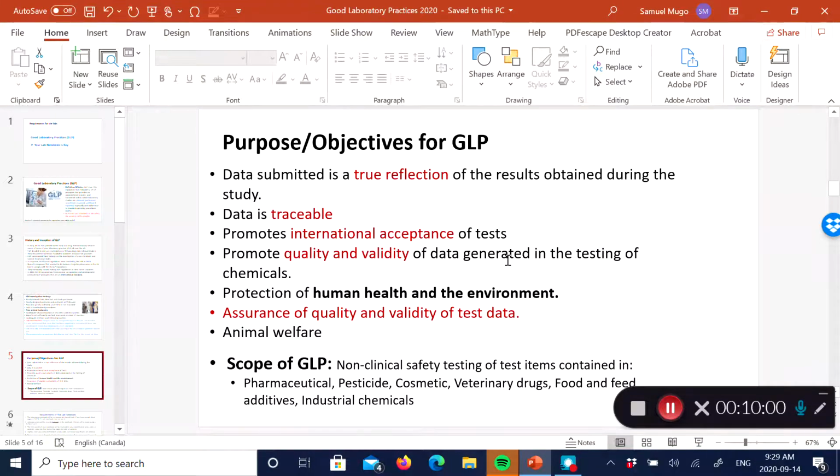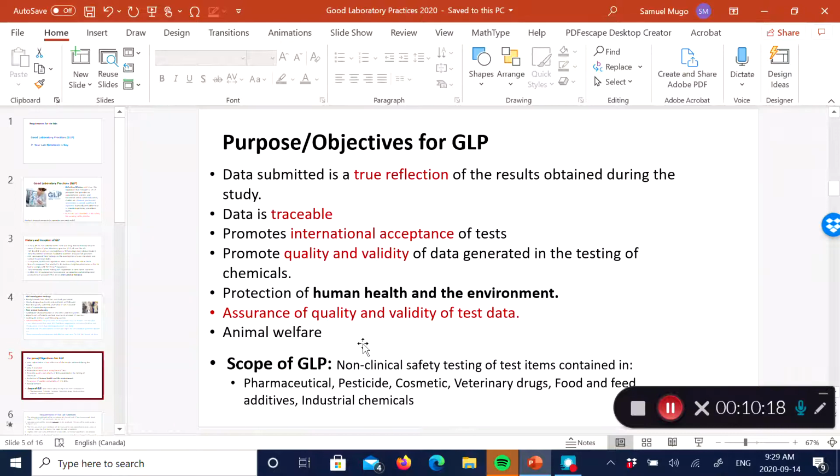The GLP also promotes quality and validity of data that is generated in the testing of chemicals. Now, it also seeks to protect the human health and the environment as well as the animal welfare.